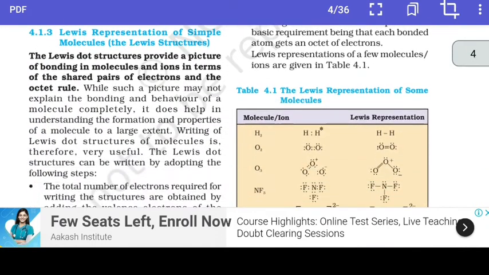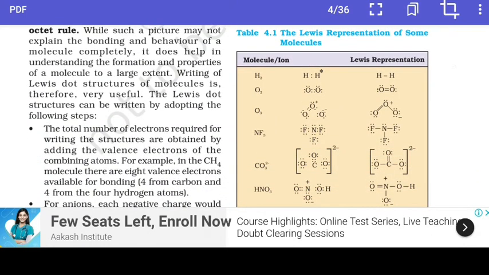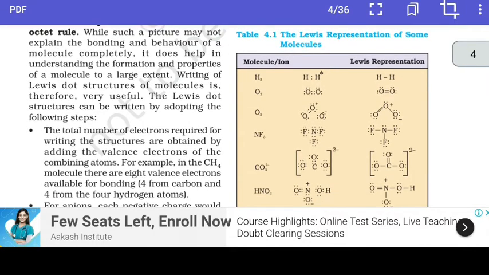Now some ions can also be made like this, like O3, ozone. You may see here ozone. There are 3 oxygens, so write 3 into 6 electrons from each oxygen. So 3 into 6 is 18.